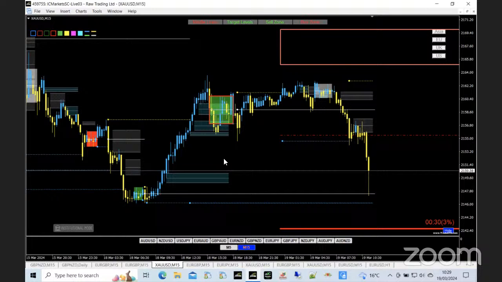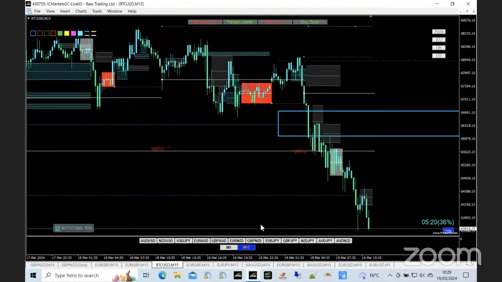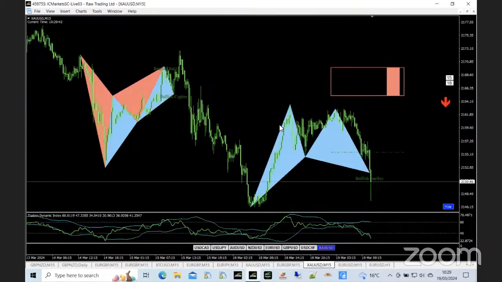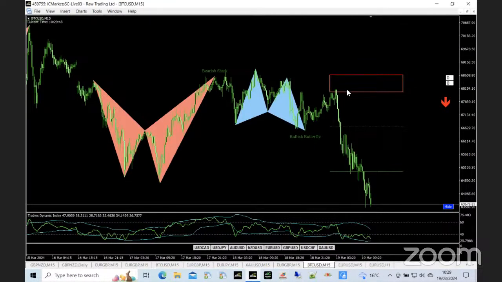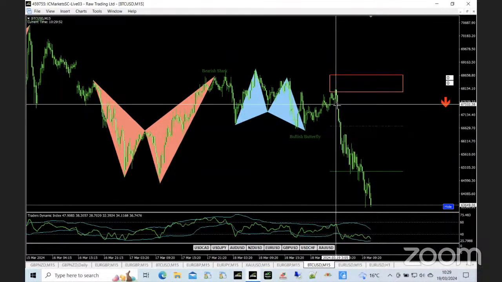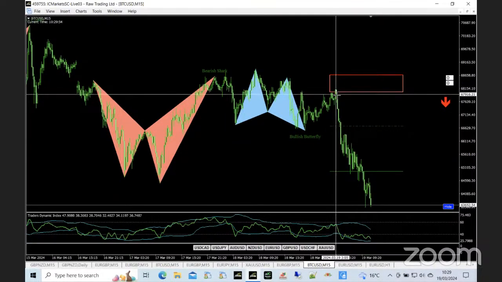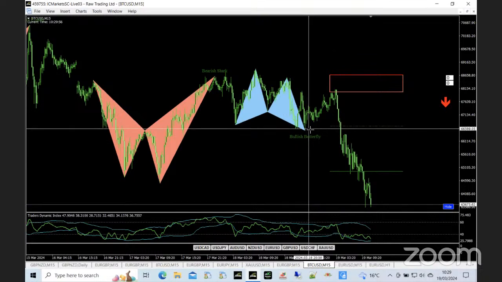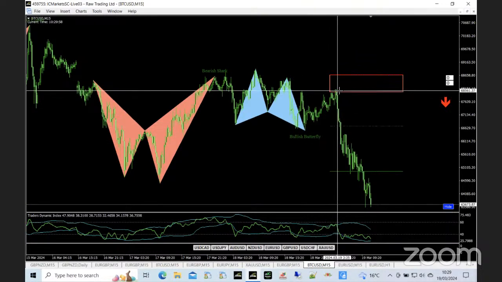Now for the BTC USD, let's check BTC USD. Okay, let's go to the normal chart first. As you can see here on the BTC USD, it went to the box directly, and this was enough.